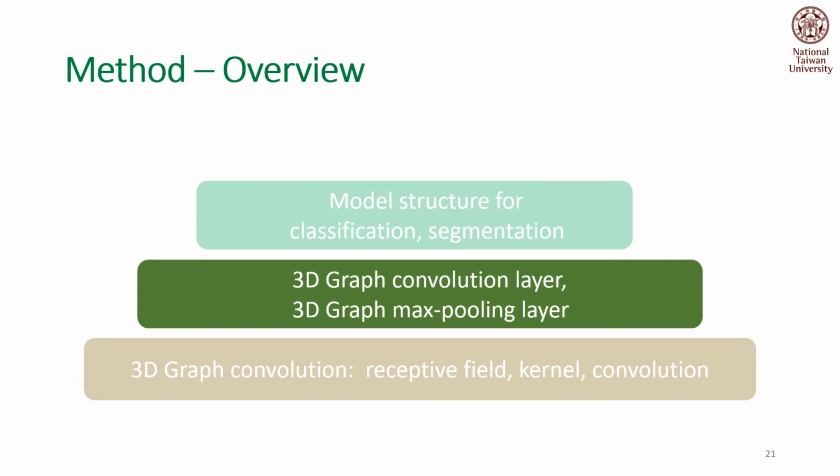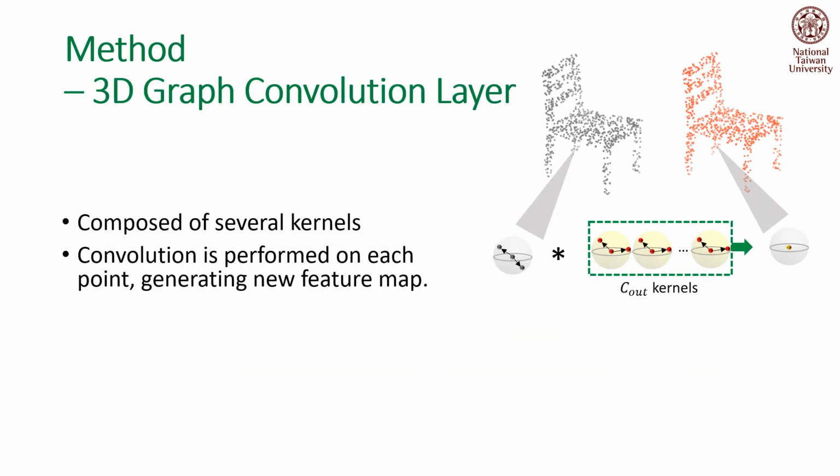With these fundamental components, we can construct 3D graph convolution layer and 3D graph max pooling layer. Similar to 2D CNN, 3D graph convolution layer is composed of several kernels, capturing different local geometry in the receptive field. By applying the convolution operation, the input feature vector is transformed to the output feature vector, where the dimension equals the number of kernels.